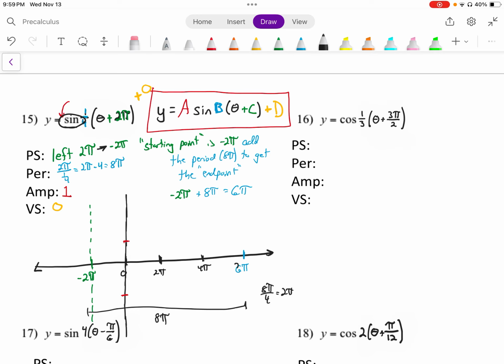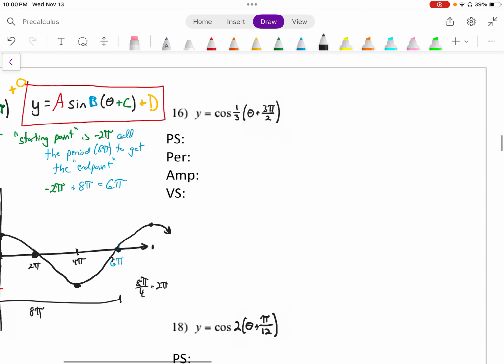Sine starts at 0 at our starting point. At the first quarter part, it goes up to 1, back down to 0, down to negative 1, back up to 0, and then that would continue. And here is a graph of y equals sine of 1/4 theta plus 2 pi.